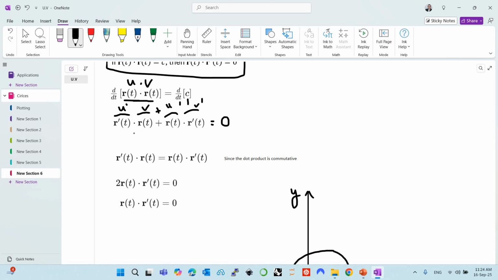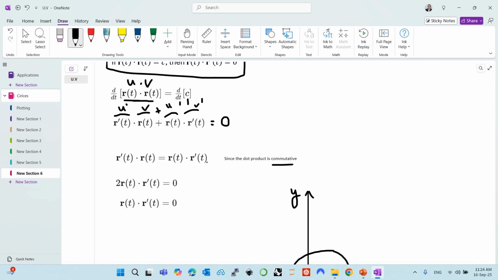So again, we have r prime dot r plus r dot r prime. We know from the property of the dot product that it is commutative, which means that r prime dot r is equal to r dot r prime.